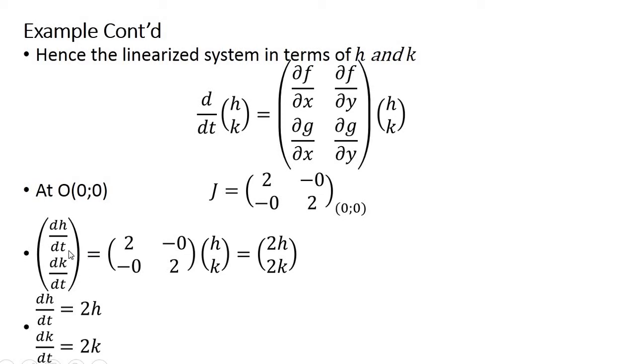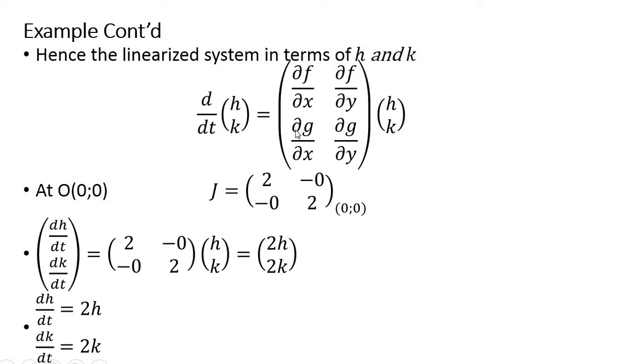Right, so you remember that for us to perform linearization we also have to change variables. So let's change variables to h and k. This is the vector of derivatives of the new system, this is the new matrix, which is the Jacobian, and these are our variables. In essence we want to come up with a new system in terms of h and k which is linear. That's what we call the linearization process.